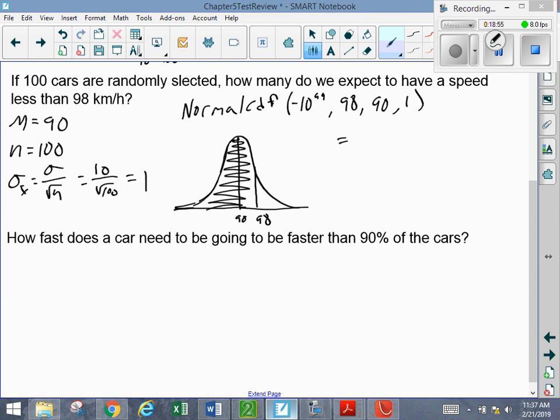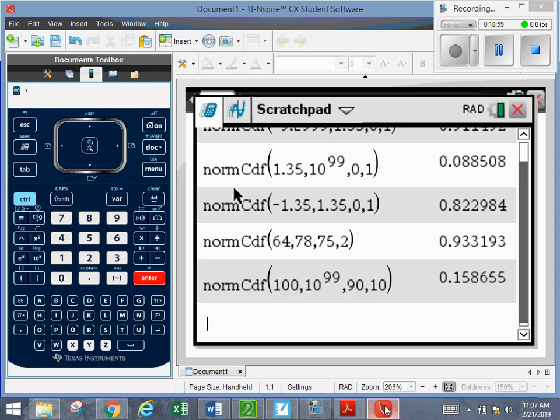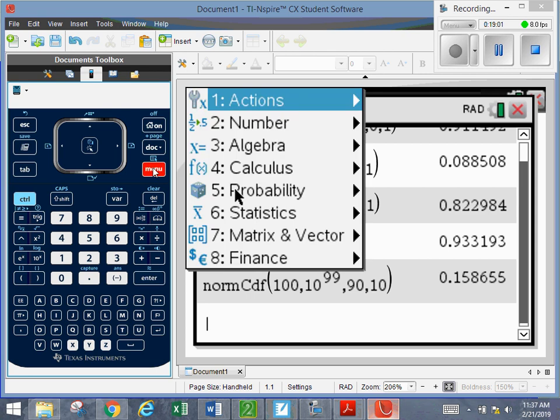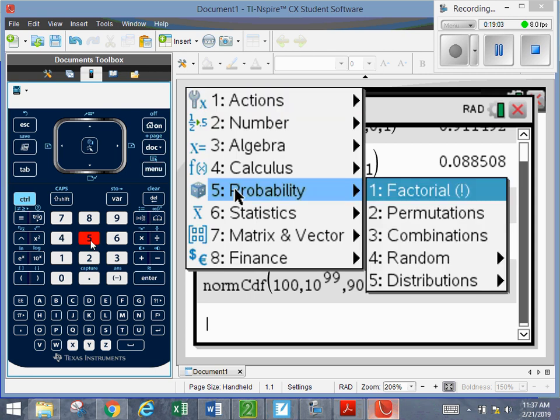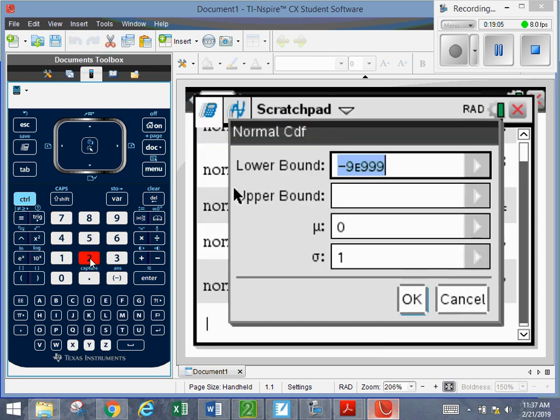Alright, so let's look at what this is. Our lower bound is now that, right? That's good for a lower bound. We can use that. Our upper bound is 98. Mean is 90. Now the standard deviation is 1.